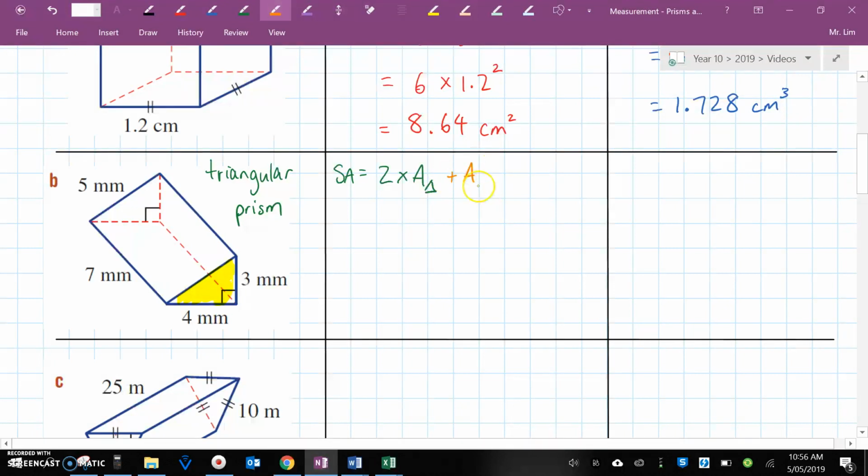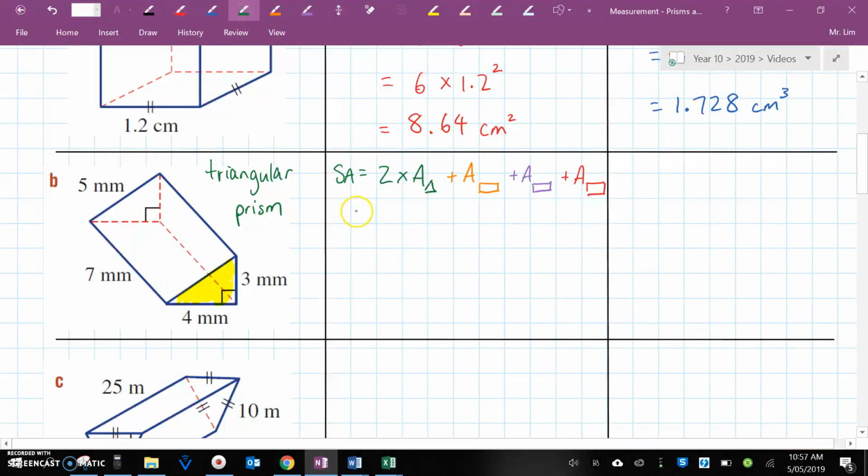There are 3 rectangles, but they're all different in size. That's why I'm writing it 3 times rather than 3 times the area of a rectangle, because they're all different in size.